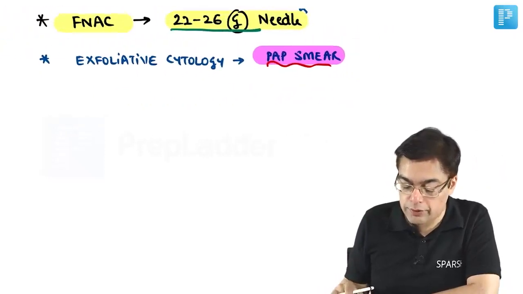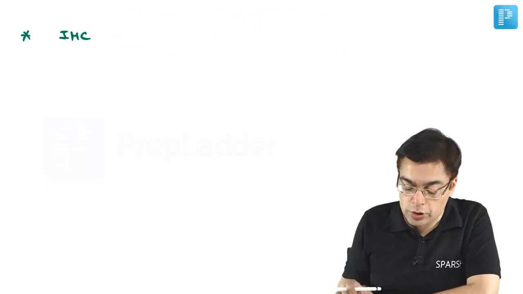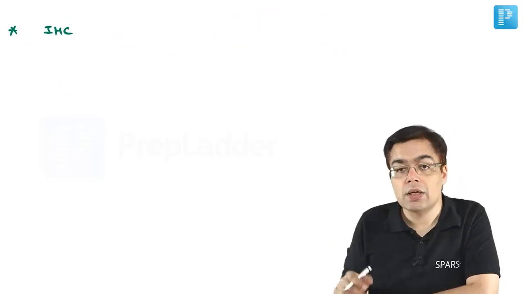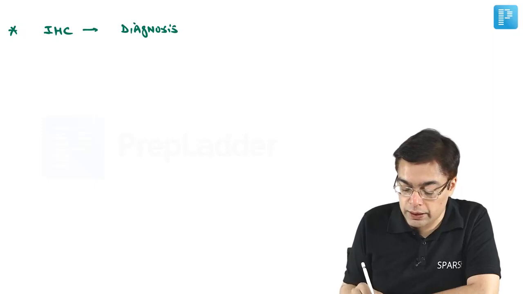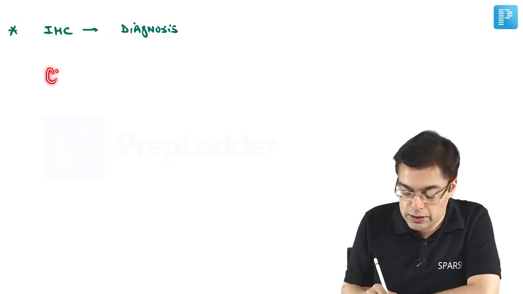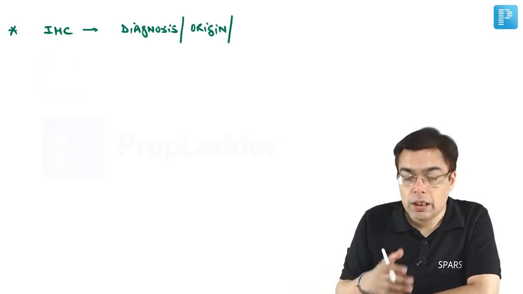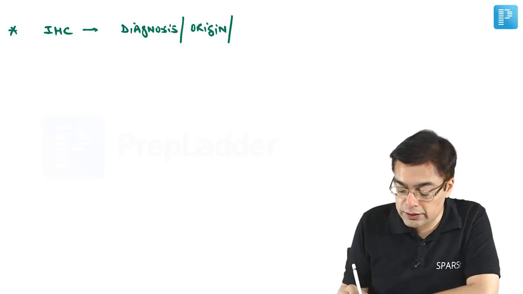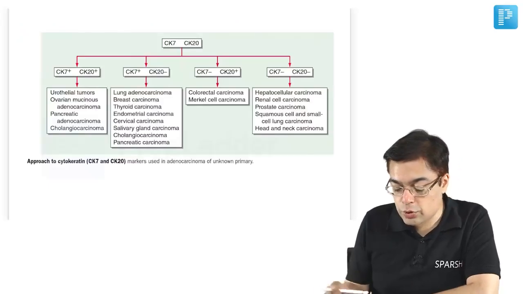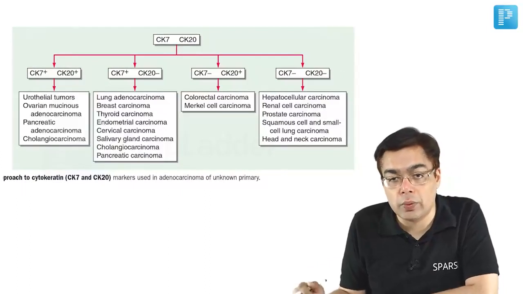Talking about the third method by which we can be making a diagnosis, that could be something like the immunohistochemistry. Now immunohistochemistry is going to be very useful these days because of the fact it can be useful for making a diagnosis in case of a tumor. Say for example, we are going to be using certain markers, for example something like the cytokeratins. We are going to be using immunohistochemistry in deciding the origin as well, for which I did show you this kind of a tumor wherein we talk about the cytokeratin 7 and cytokeratin 20.